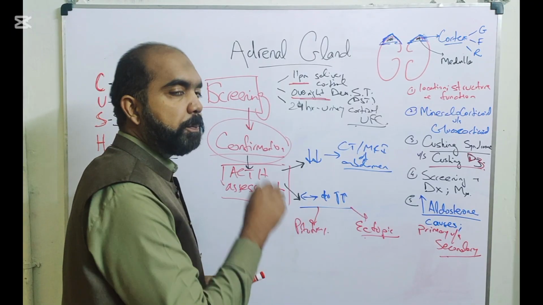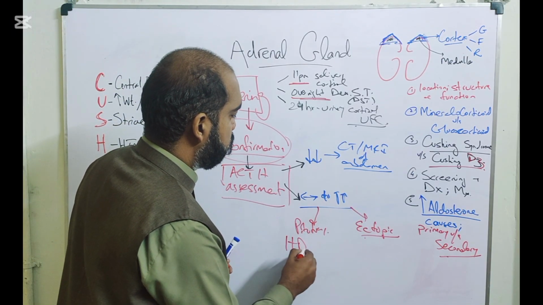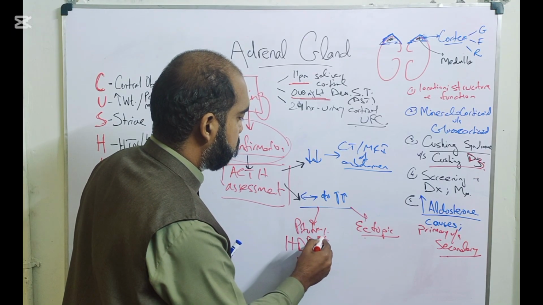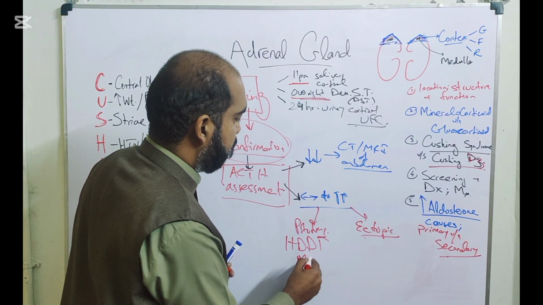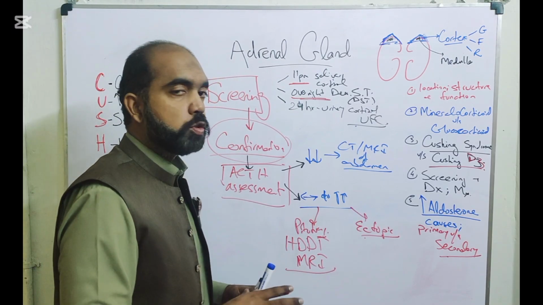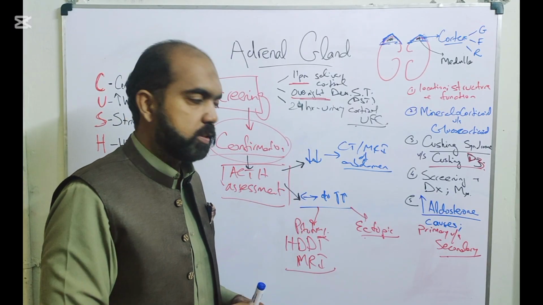So to confirm the pituitary, what do you do? You do a high dose dexamethasone test and MRI to screen the pituitary gland. The high dose dexamethasone test is usually the same as low dose, but it's 8 mg dexamethasone.